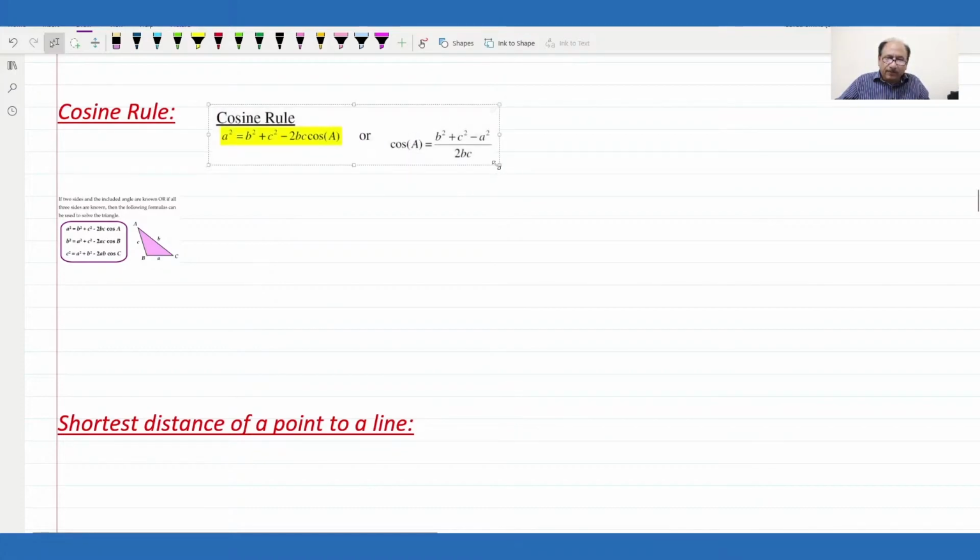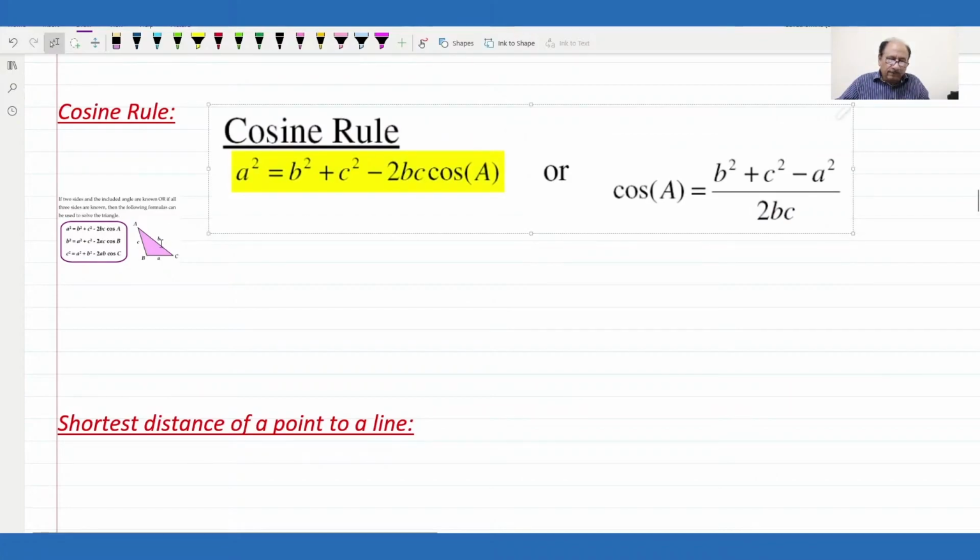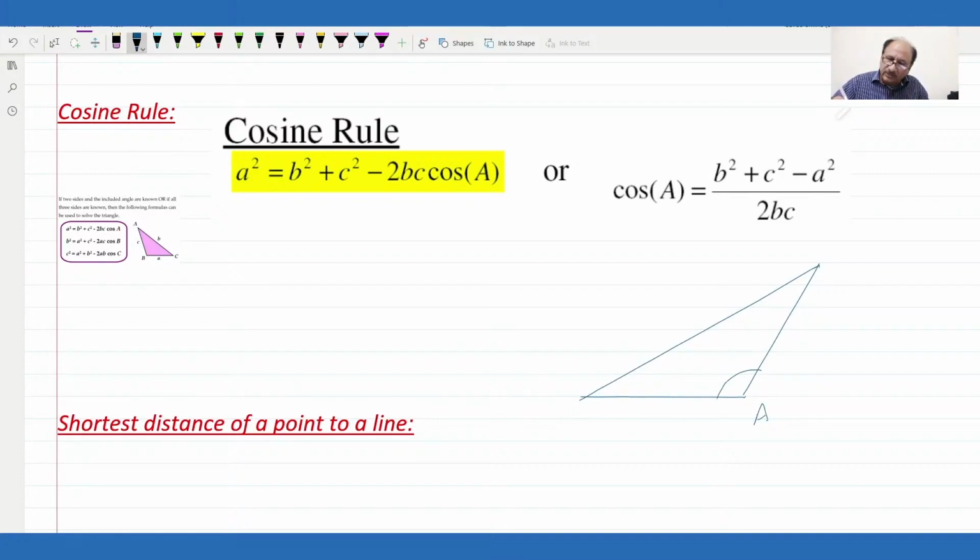If I just quickly draw the triangle, for example, this is theta, and the opposite side will be A, this side will be B, and this side will be C. Now this side A, the side opposite this theta, should be opposite the included angle of these two sides.